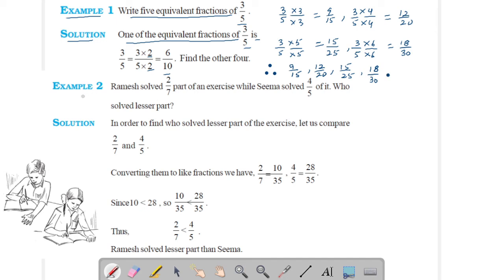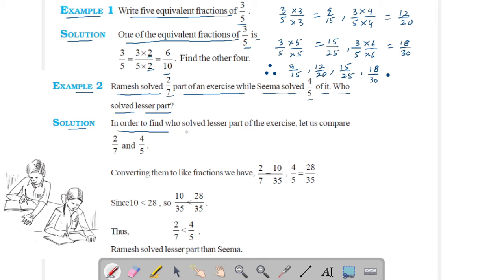Now come to example 2. Ramesh solved 2 upon 7 part of an exercise while Seema solved 4 upon 5 of it. Who solved the lesser part? See the solution.